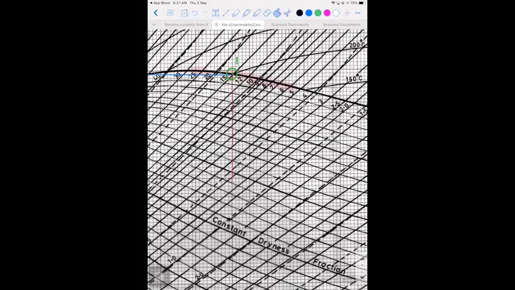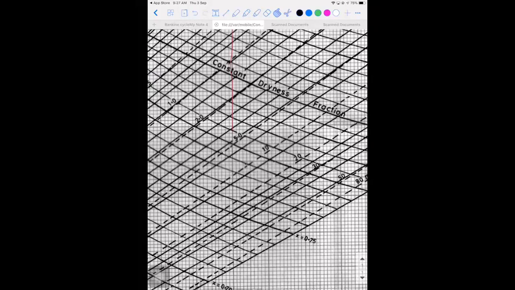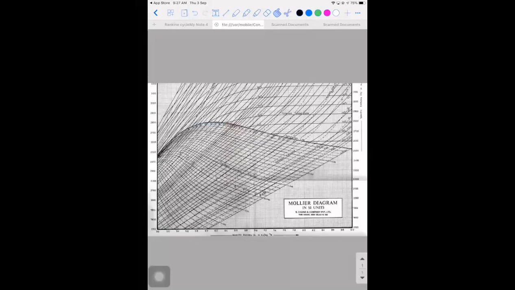You have to draw this using a scale and pencil.